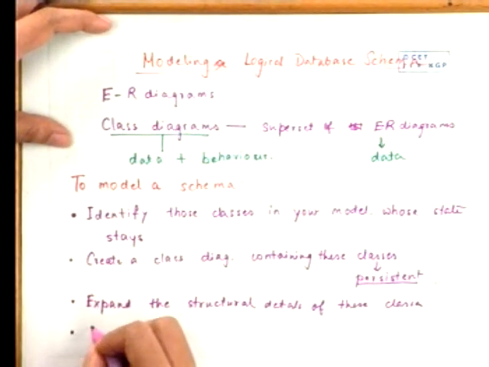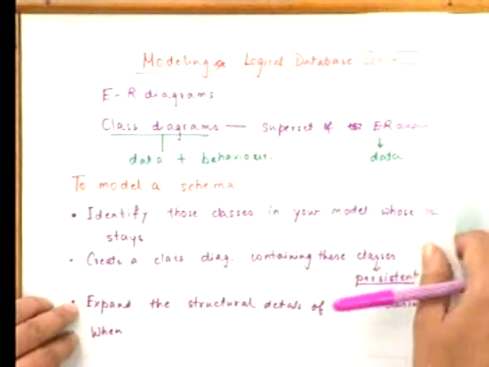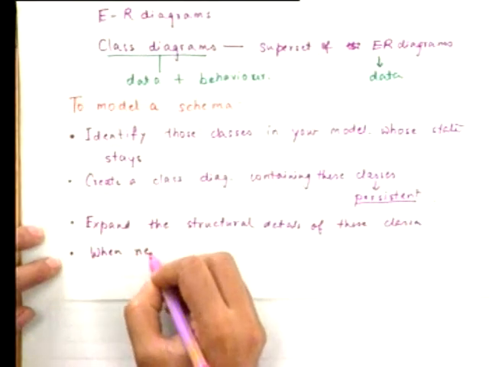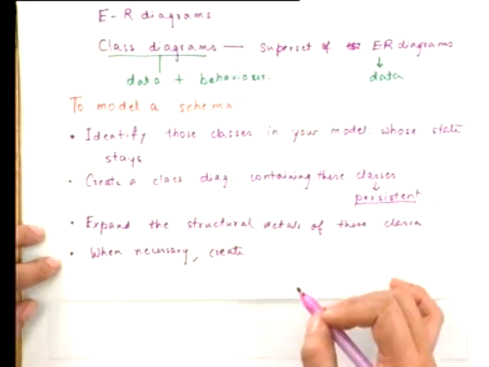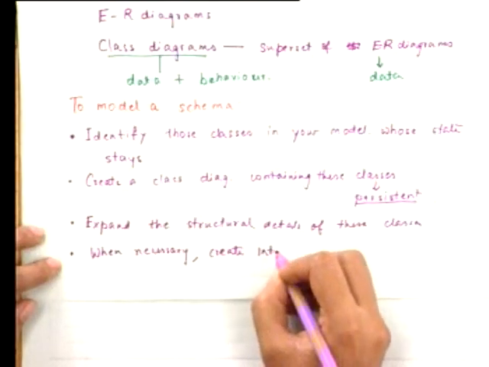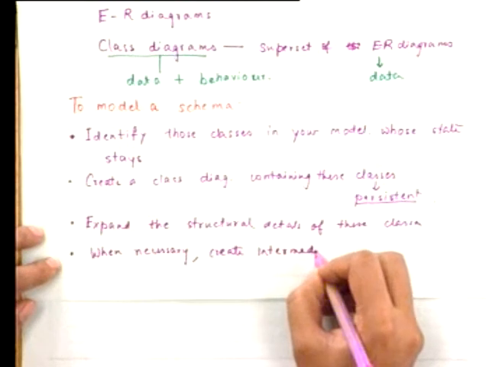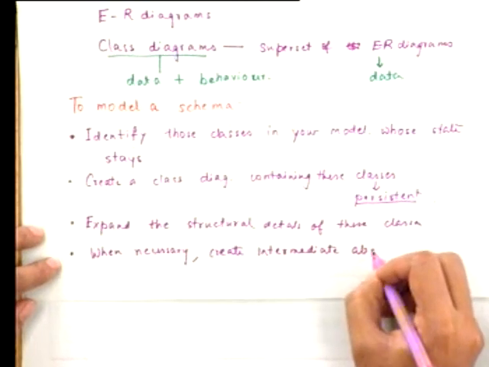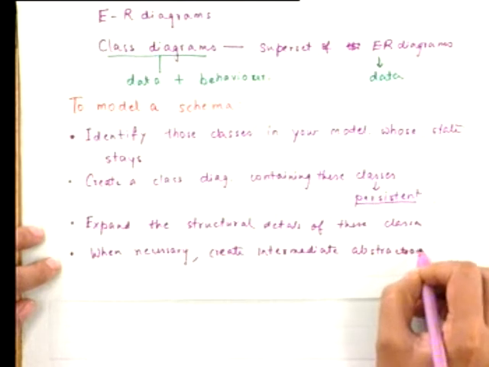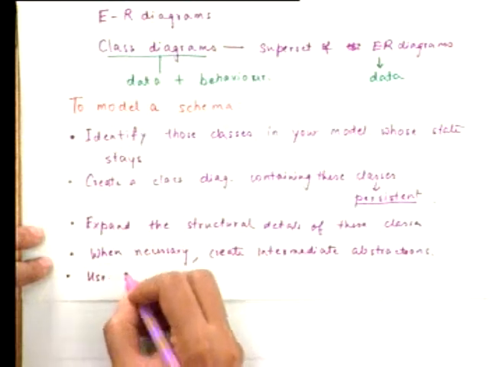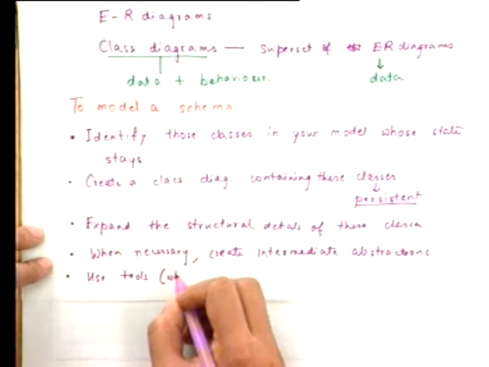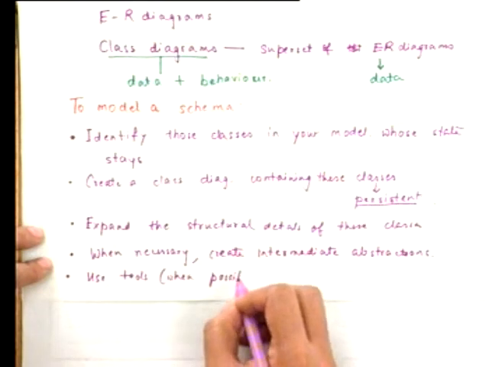Finally, fourthly, when necessary, create intermediate abstractions to simplify your design, so that your logical structure is simplified. And finally, use tools when possible to transform this logical description into a physical design.